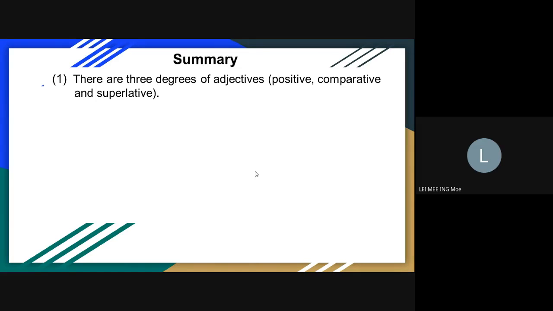Now, as the summary for today's lesson. There are 3 degrees of adjective: the positive, comparative, and superlative. For positive degree, normally we can see "as" and "as" in our sentence.